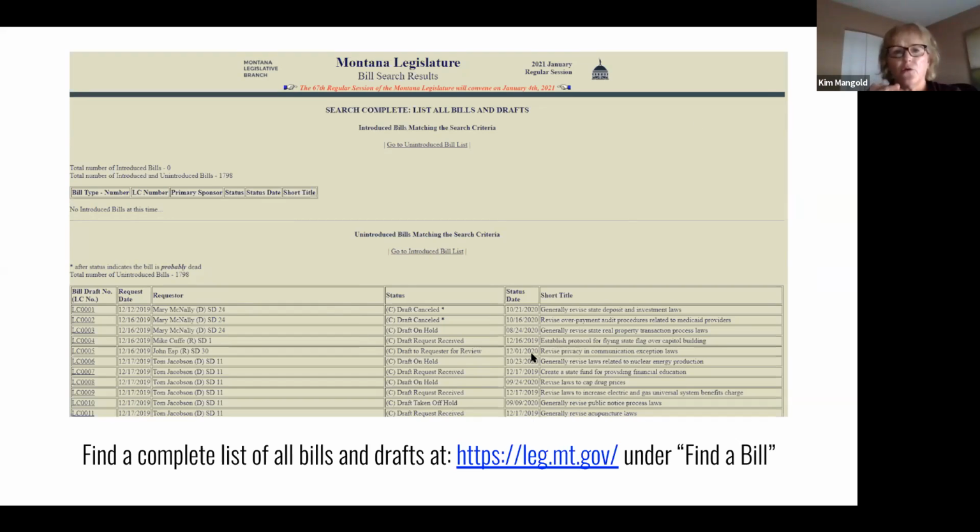You will see when you're going through these lists that there often is something that looks like it just came from the Finance Committee, or it just came from the Energy Committee. They couldn't make a decision about it in the legislative session, or there was a request that they need to study it.